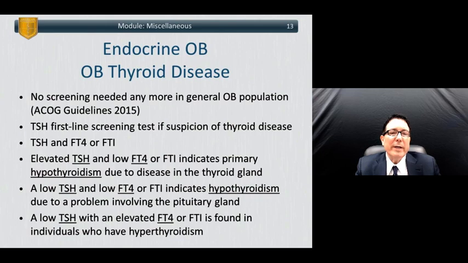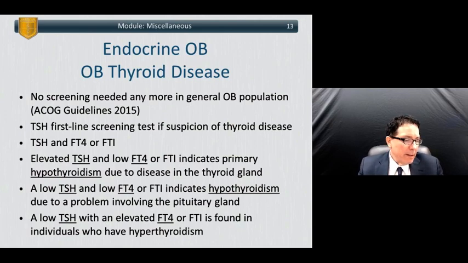TSH is measured along with free thyroxine 4, or the free thyroxine index. The free thyroxine index is an estimate of the free T4 concentration, and its calculated value is determined from the total T4 test and some estimation of the level of thyroid hormone binding protein.